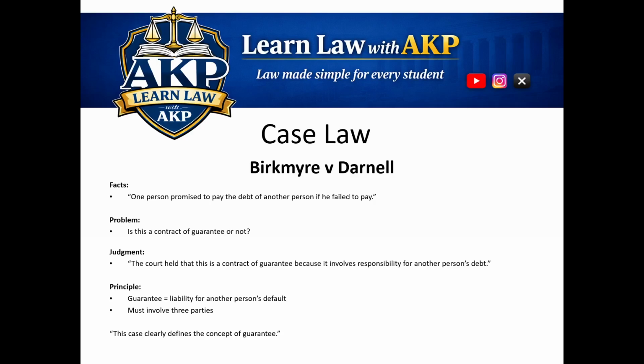The principle established is very important. If a person promises to pay the debt of another person in case of default, it is a contract of guarantee. So, remember this simple line: pay for another person is guarantee. This case is very useful for exams.